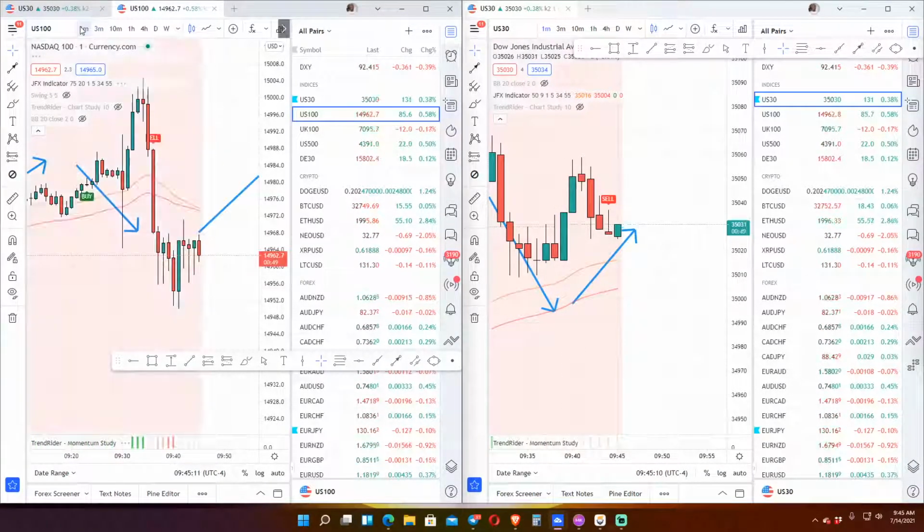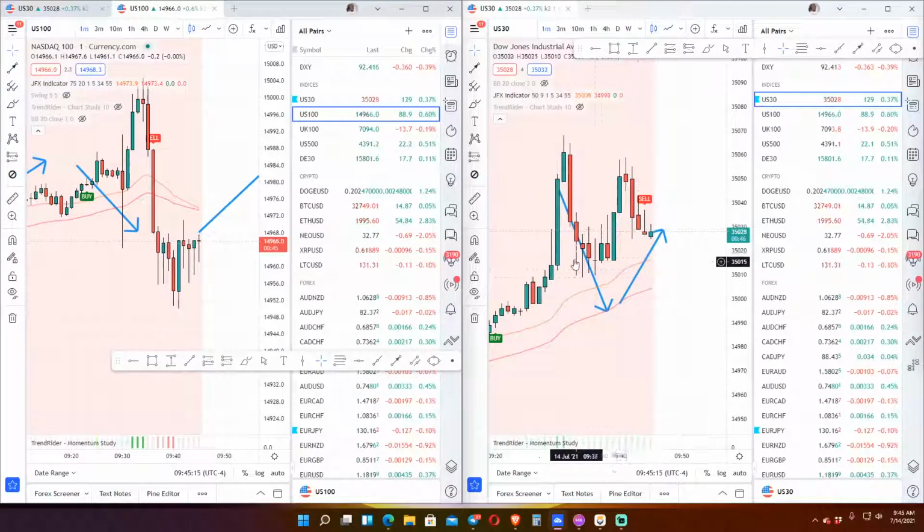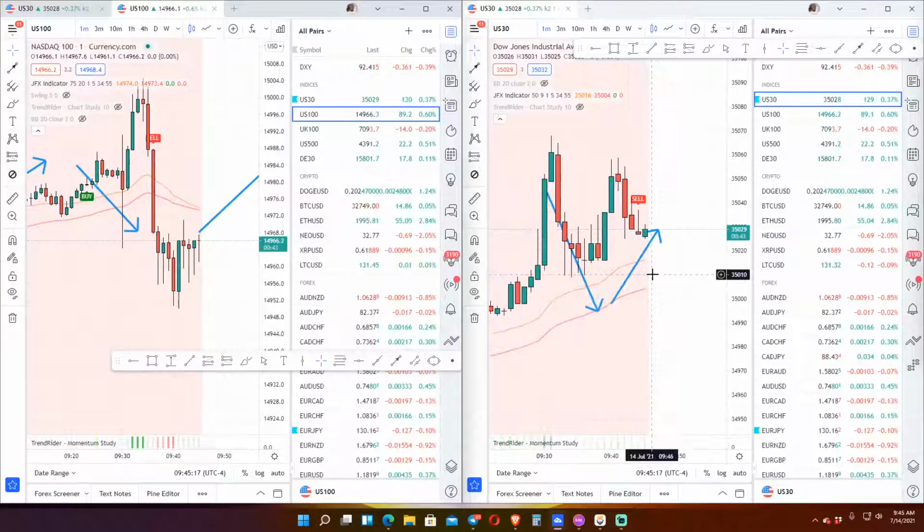So now we're just looking for that candle to close with a buy, since it's already above these 2 pivots here on my indicator. So let me go ahead and pull my MT4 back up here.